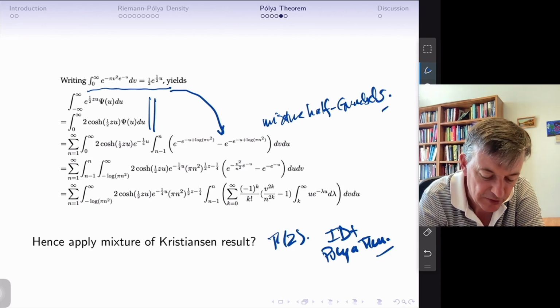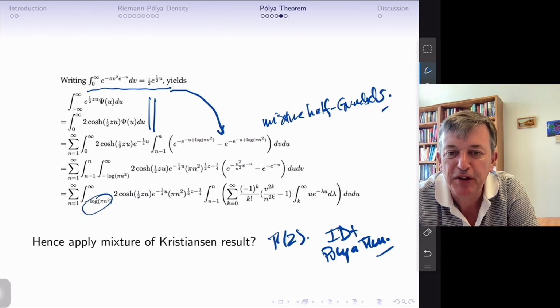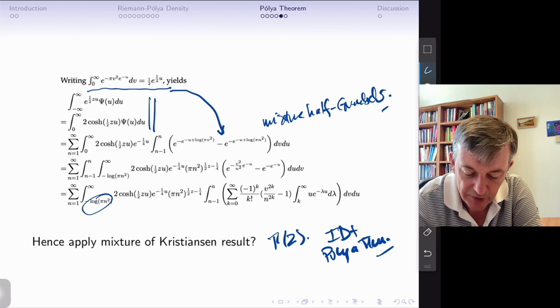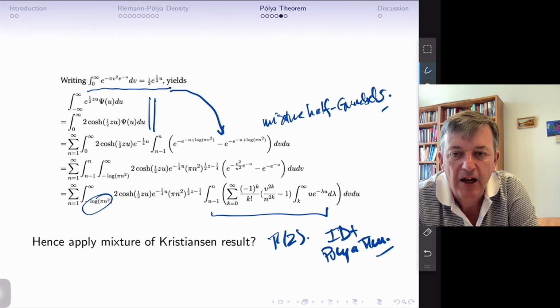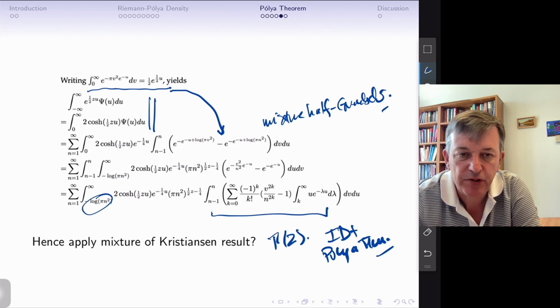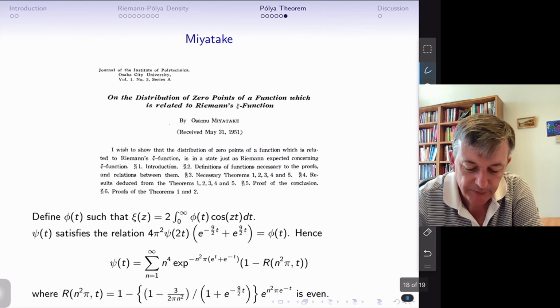Again, with all these things, the devil is in the details. There's a little bit of truncation, and you've got to check that densities are positive. But I think that's an interesting exact representation of the density that sits in the Riemann Polya theorem. So again, maybe there's hope in that regard.